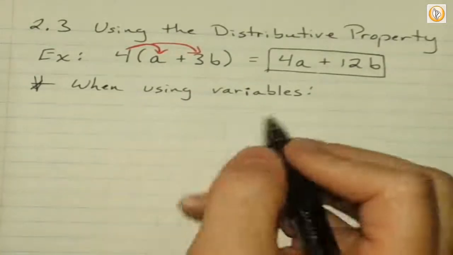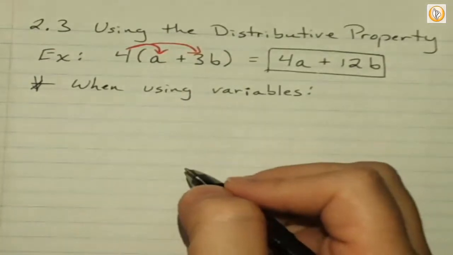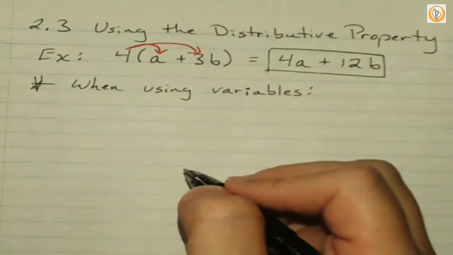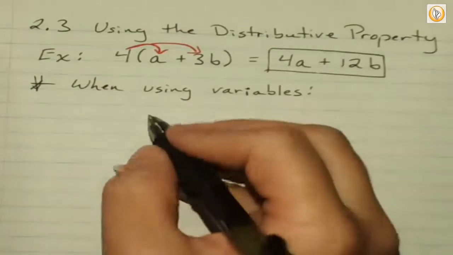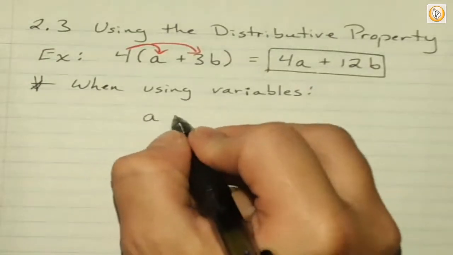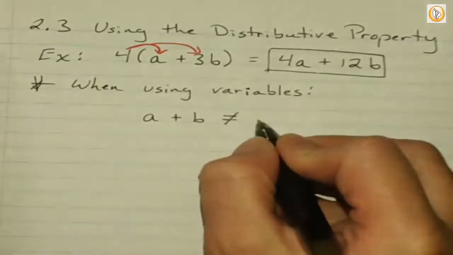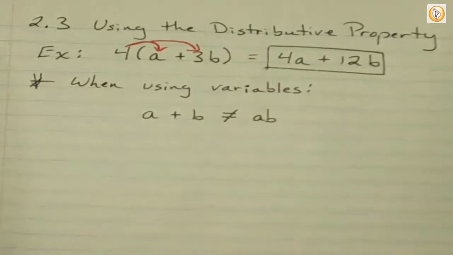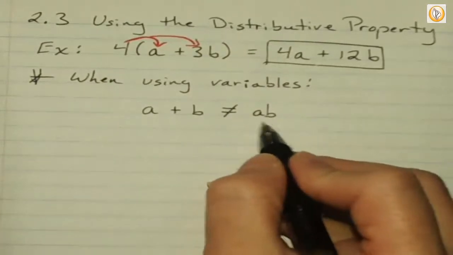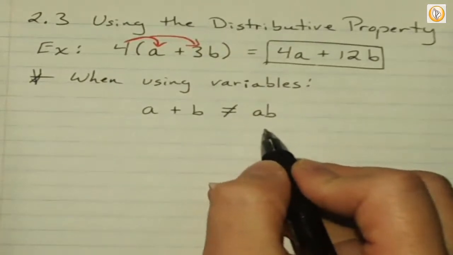Okay, you guys know this because we did this all last year, but just as a refresher course, A plus B does not equal AB. Because this is multiplying A and B, correct?